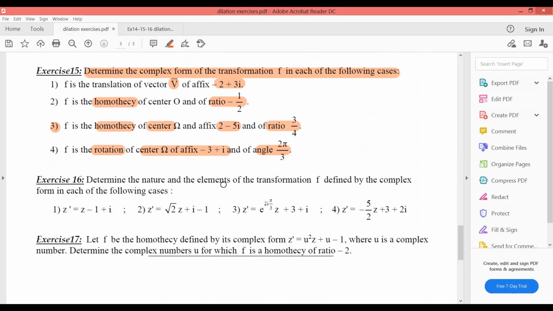The last exercise is exercise 16. Determine the nature and the elements of the transformation f defined by, first one, Z prime equals Z minus 1 plus i.